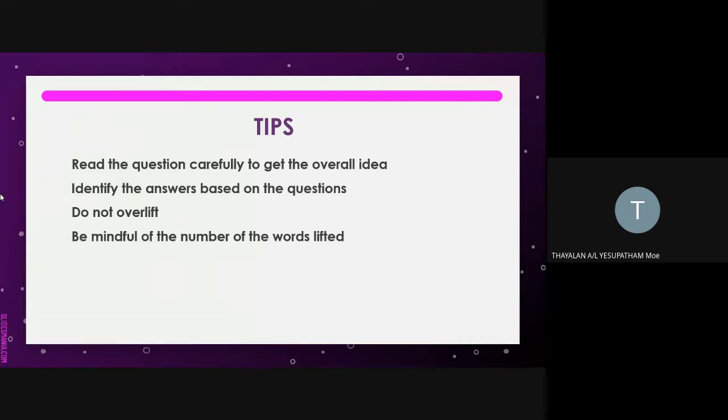If you exceed the word limit, you have overlifted. Therefore, you would not be awarded that 1 mark. So be very mindful of the number of words lifted. This is something that you have always been doing, so you shouldn't have a problem handling this.